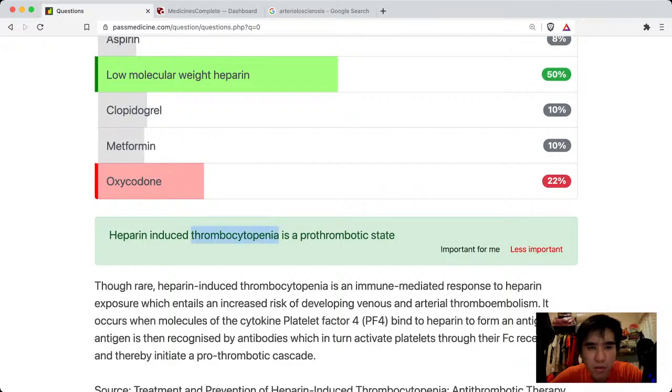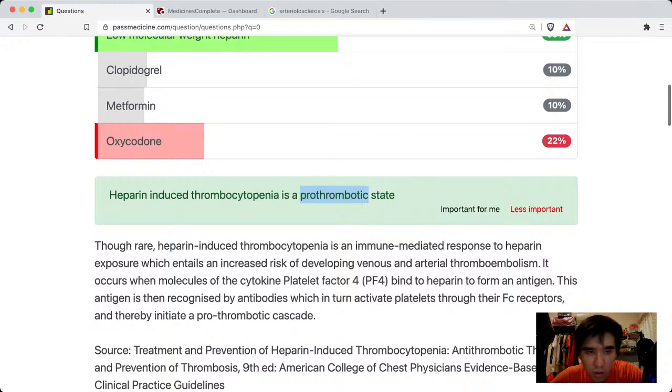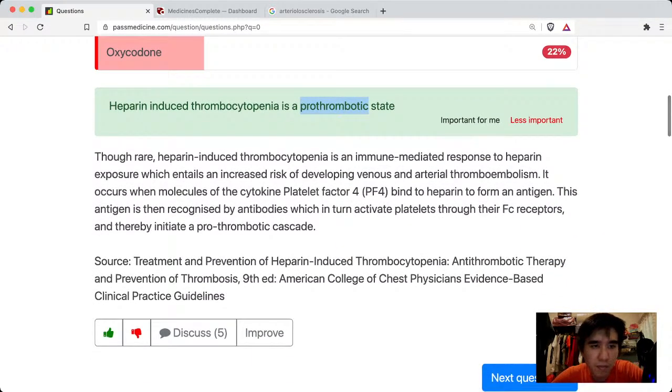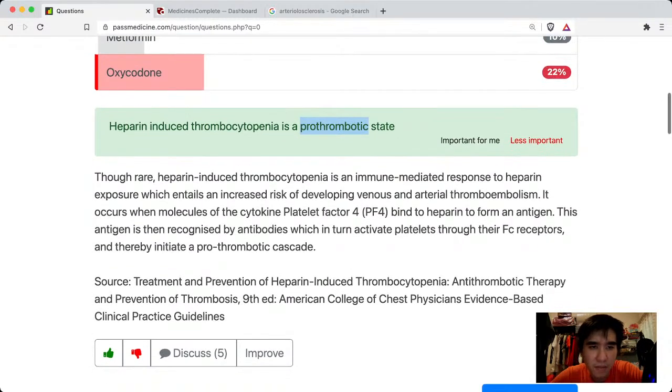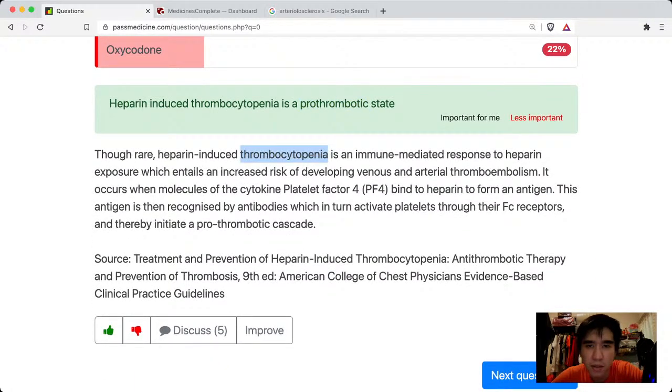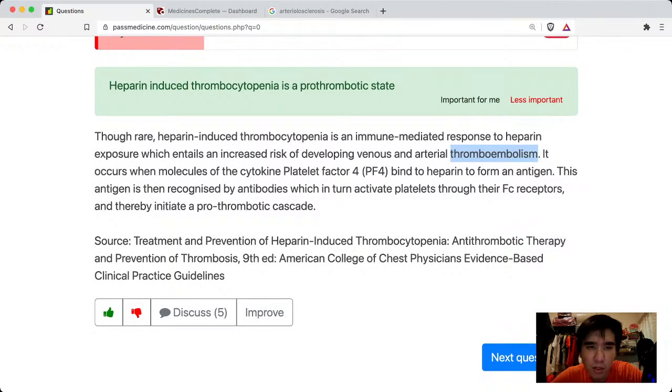So heparin-induced thrombocytopenia is a prothrombotic state. This is so weird. Let's read on. Though rare, heparin-induced thrombocytopenia is an immune-mediated response to heparin exposure, which entails an increased risk of developing venous and arterial thromboembolism. It occurs when molecules of the cytokine platelet factor 4, PF4, bind to heparin to form an antigen.